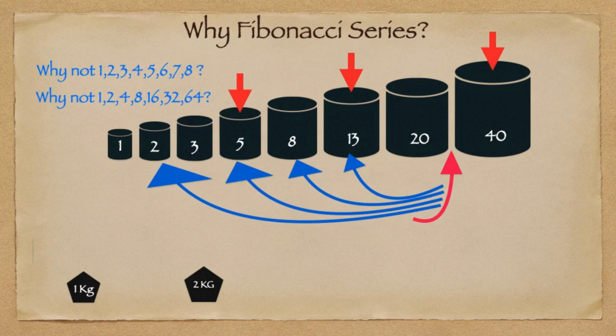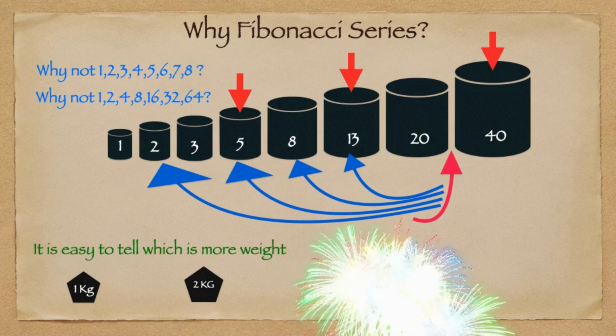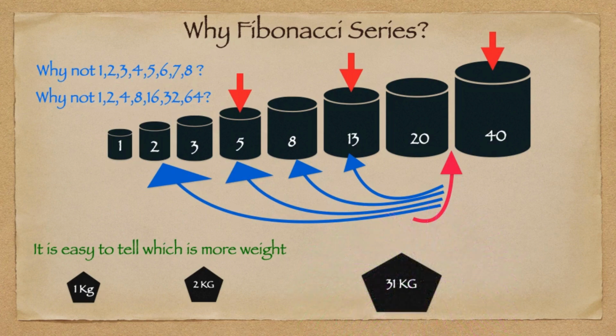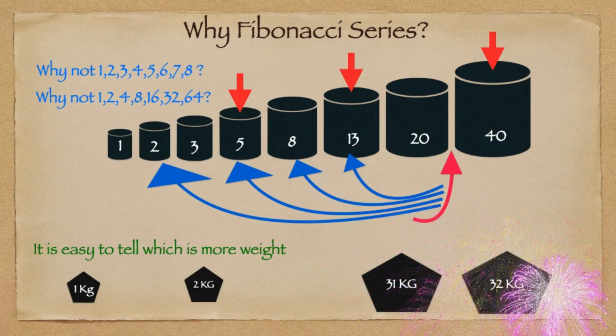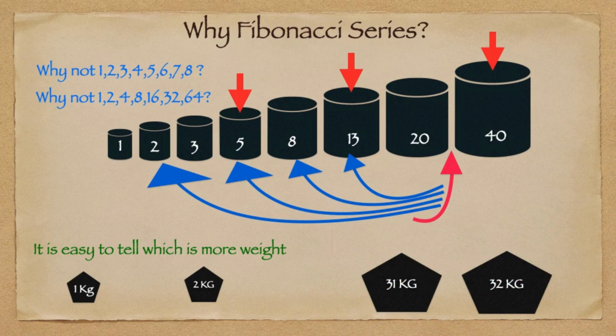But if I ask the same question by putting a 31 kilo stone in one hand and a 32 kilo stone in other hand, left hand 31 kilo, and right hand 32 kilo. It is quite difficult to tell me which is more weight because they're very close and higher.